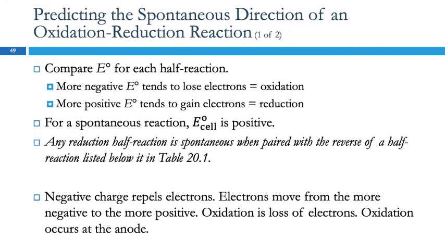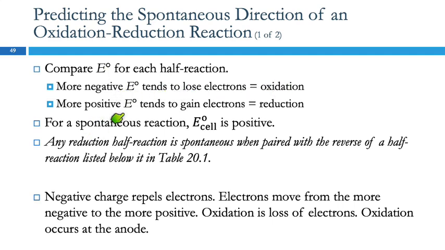Predicting the direction. You're comparing the potential for each half reaction. And so this, again, is the way the book is thinking about it, right? But the more negative one tends to lose electrons, that's going to be the oxidation.